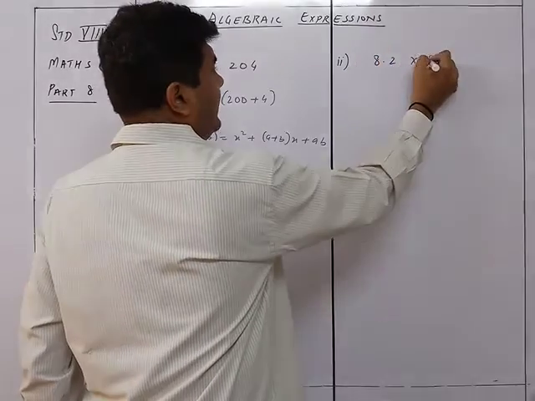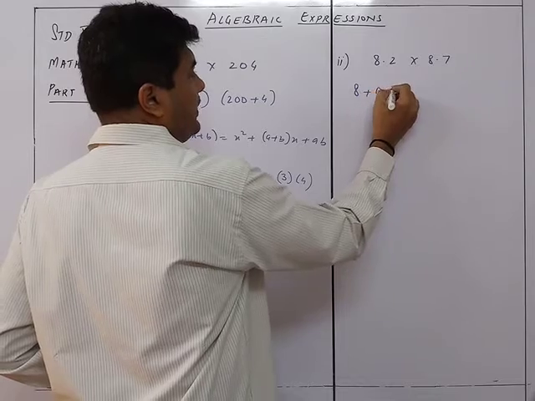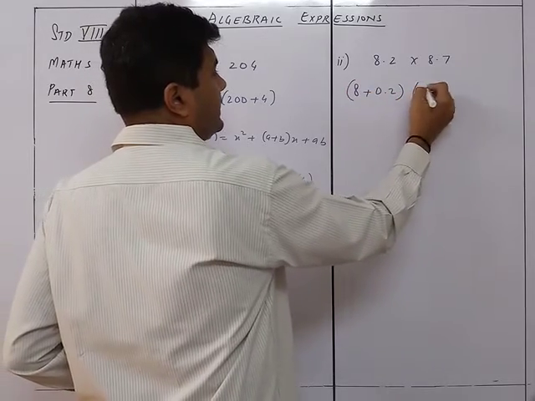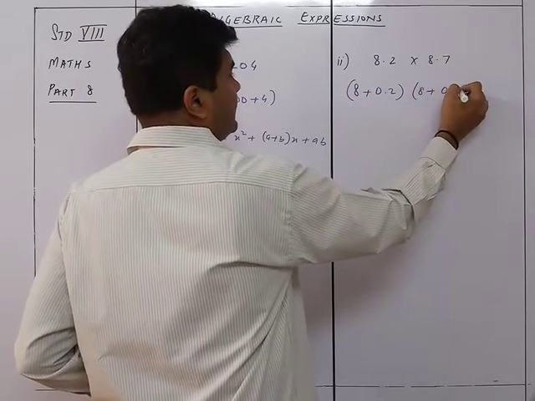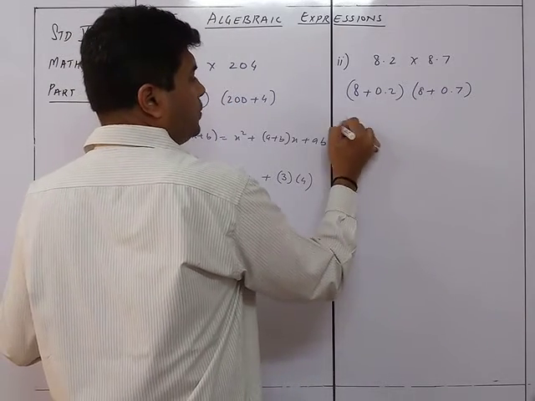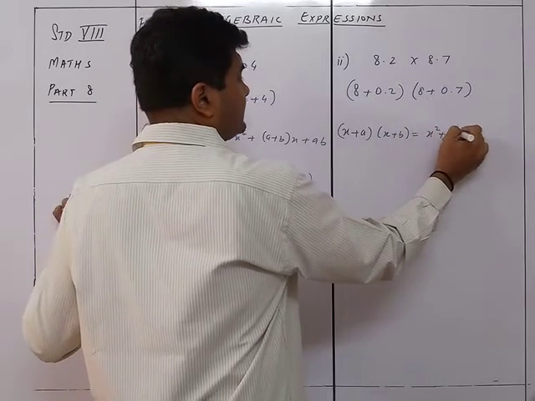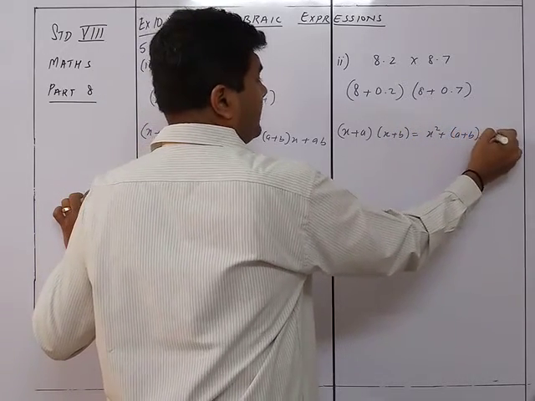8.2 into 8.7. So that is nothing but 8 plus 0.2 into 8 plus 0.7. The formula is x plus a into x plus b is equal to x square plus a plus b into x plus ab.